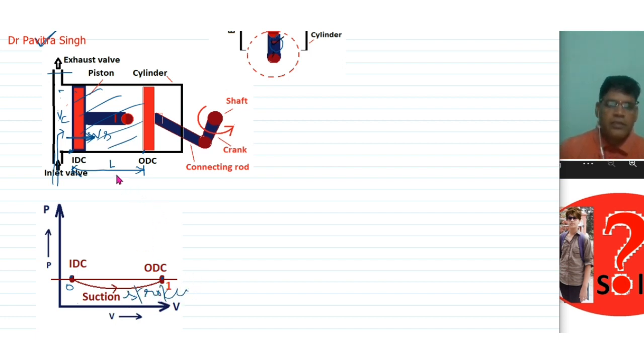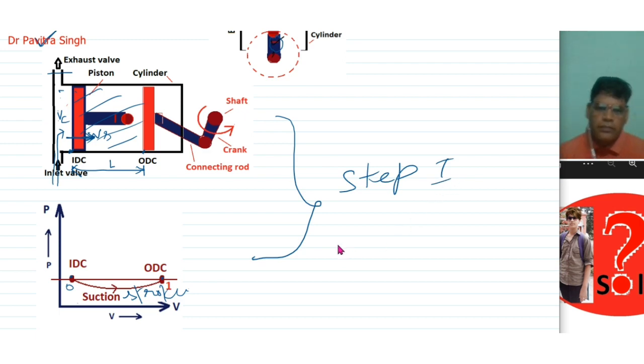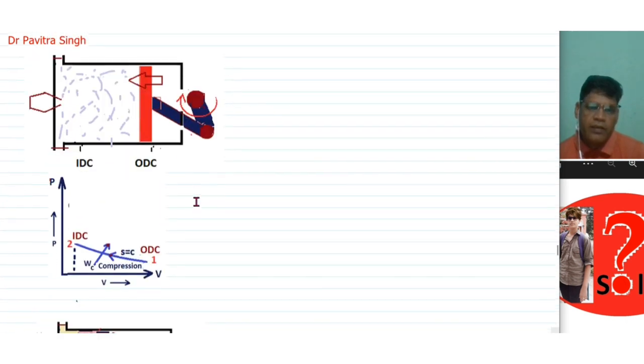Now the piston will move from ODC to IDC again. I will show you this process in the next figure. This was our step 1, the suction stroke.